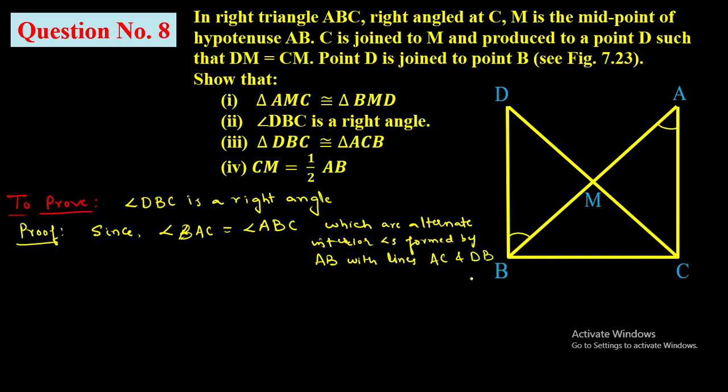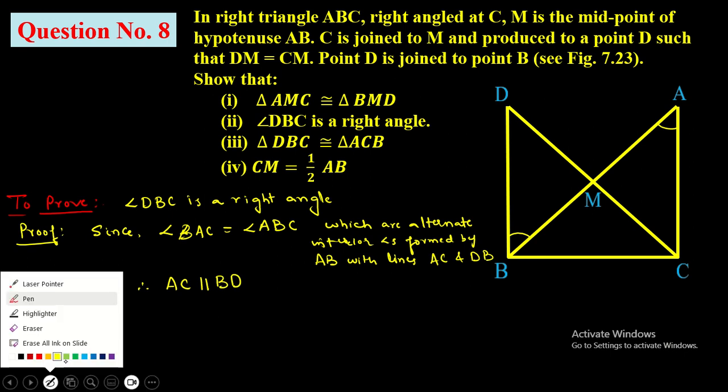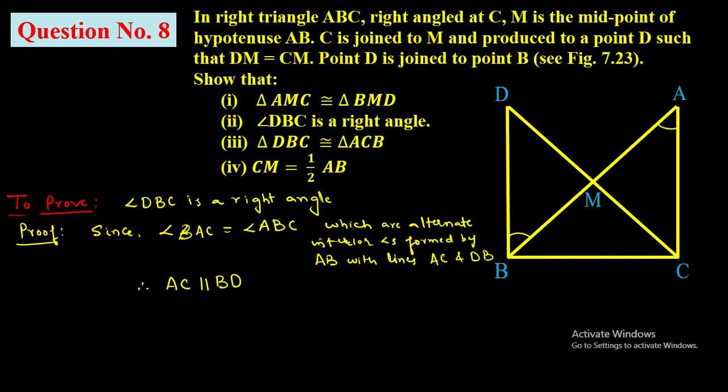And we know that if alternate interior angles are equal, then the lines are parallel. Therefore, we can say AC is parallel to BD. Since alternate interior angles here are equal and these alternate interior angles are formed with lines AC and DB, therefore AC is parallel to DB.